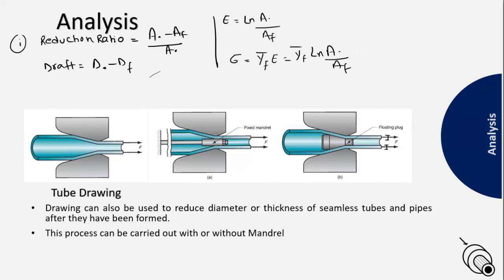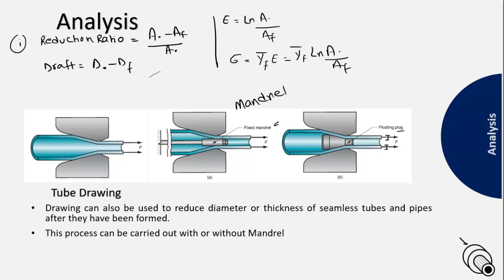For that we can have a thing called the mandrel, as you can see here, and another thing called the plug. They are both used when we not only want to reduce the diameter, but also want to control the wall thickness. So what is a mandrel?